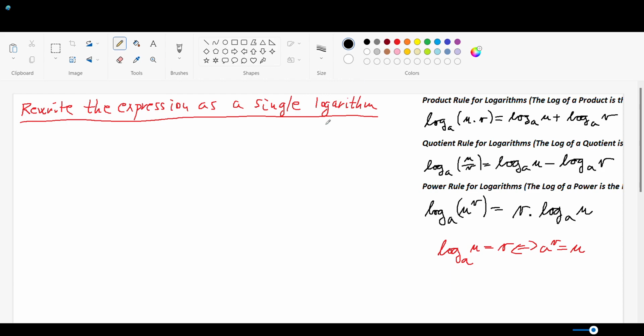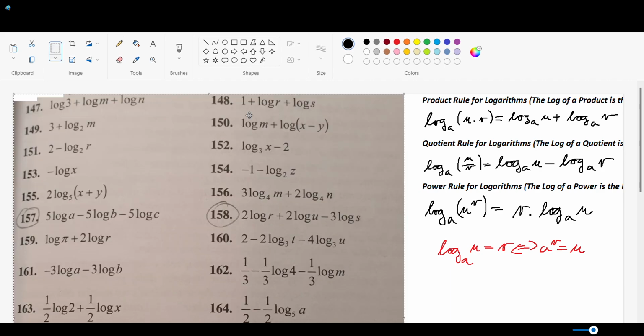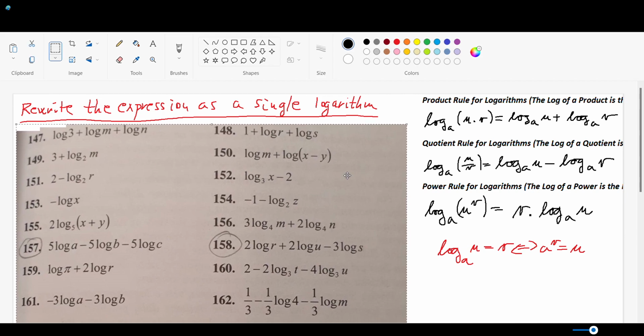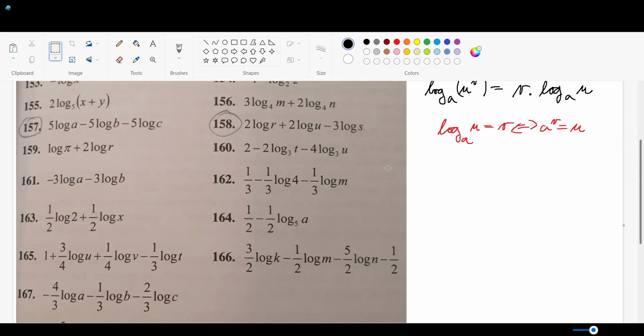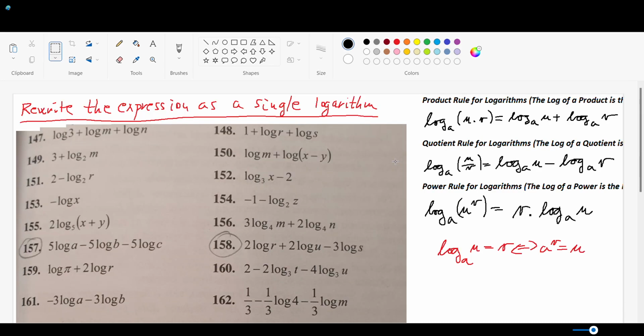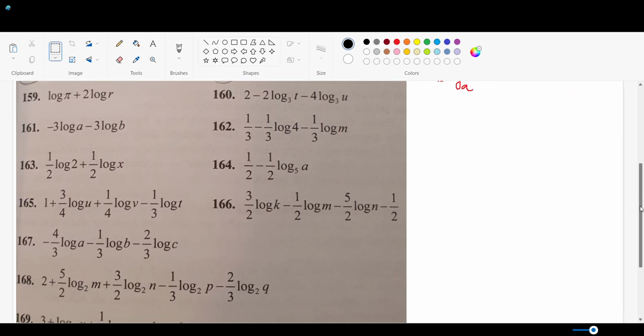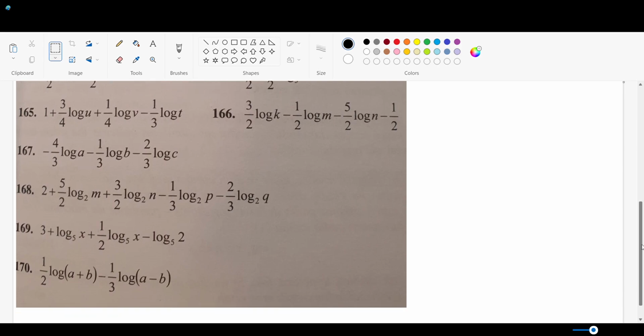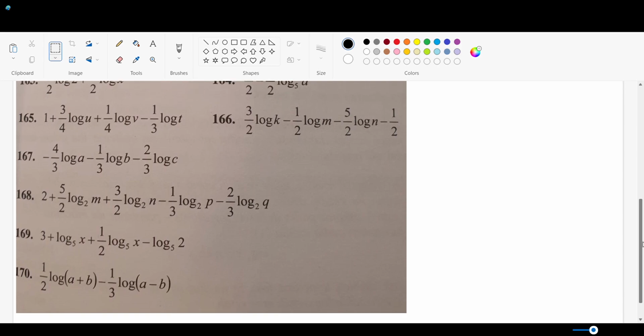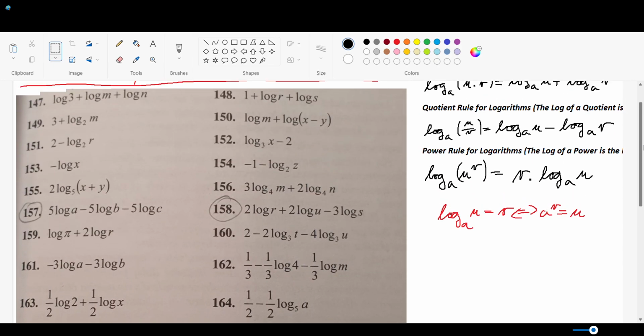This is something we were training during today's lesson, and I showed you a couple of examples how to do it, but now I want to give you more exercises for training. As you can see, here you have exercises from 147 to exercise 170, and we have a lot of logarithms here.